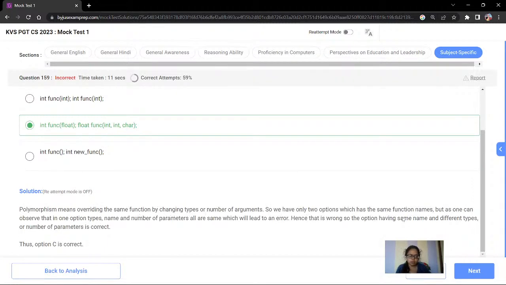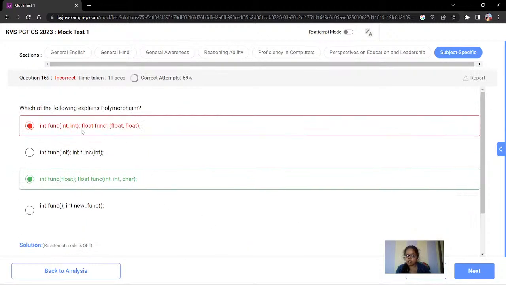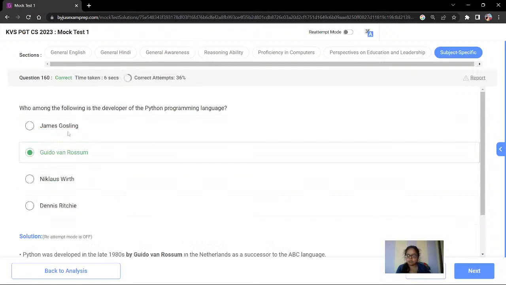So here we have only two operations with the same function name, but one can observe that the type, name, and number of parameters are all the same, which will lead to an error, hence that is the wrong option. Different types: here you can see the explanation of polymorphism. In this option the name is a different function, function one, that's why it is incorrect.